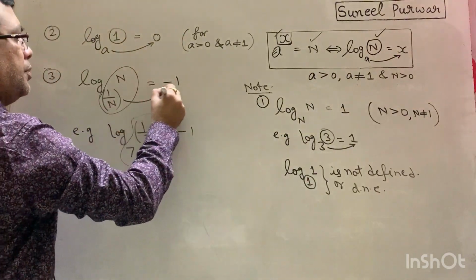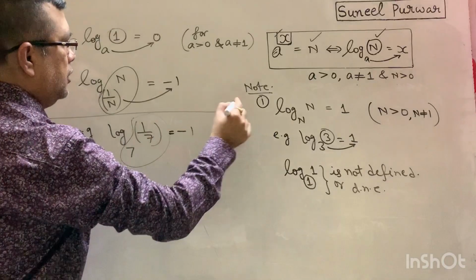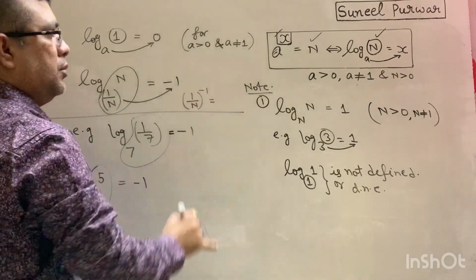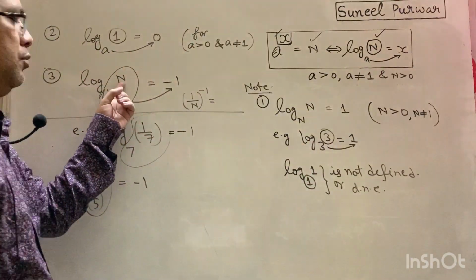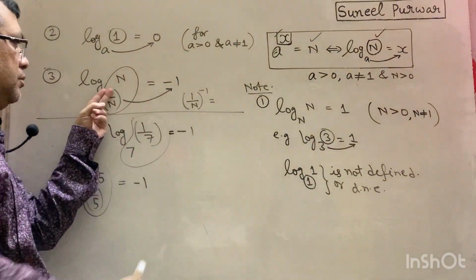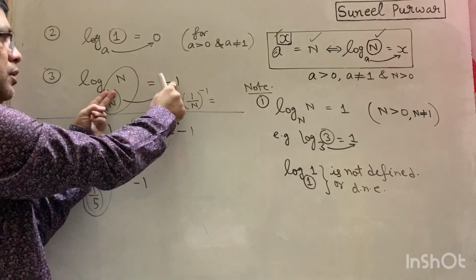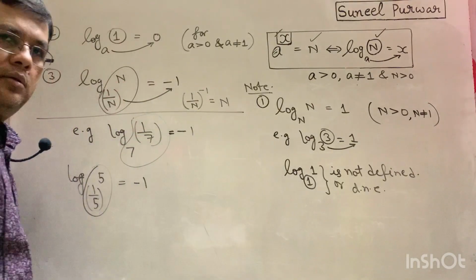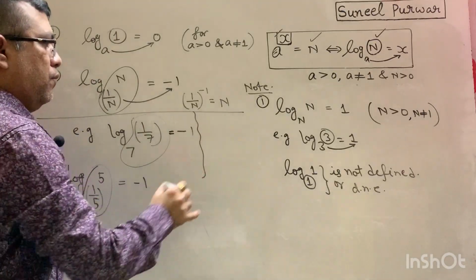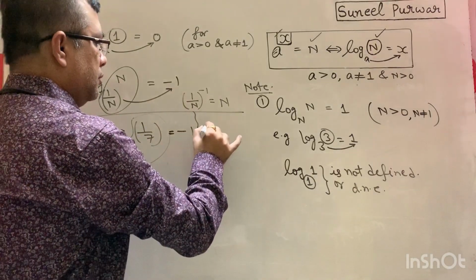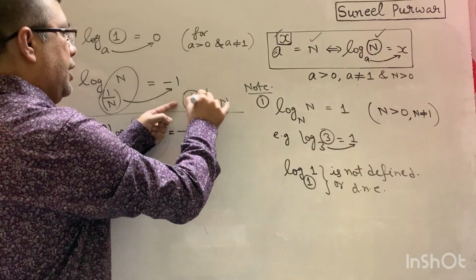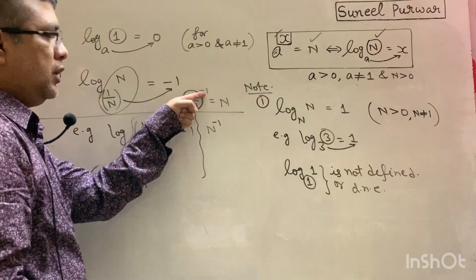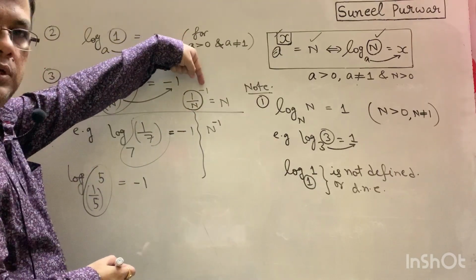So what must happen? 1 by n to the power minus 1 must be equal to what? This value n. Is it? Yes. 1 by n means n to the power minus 1. 1 by n, further power minus 1, there is already minus 1 here.